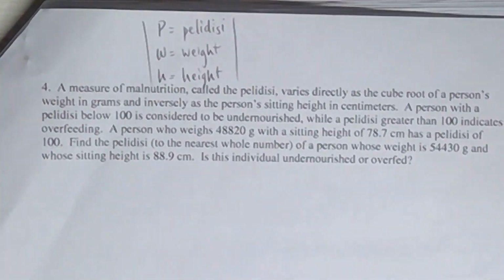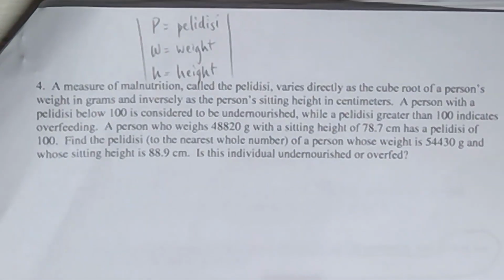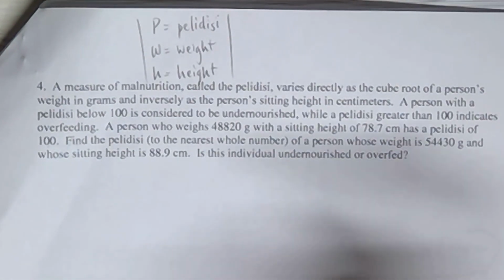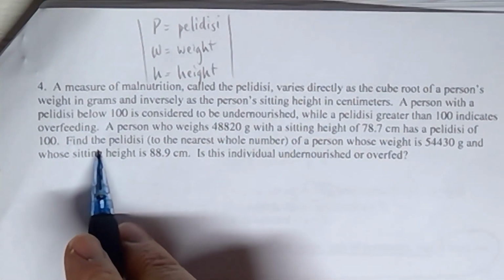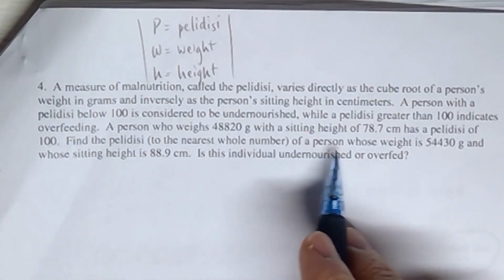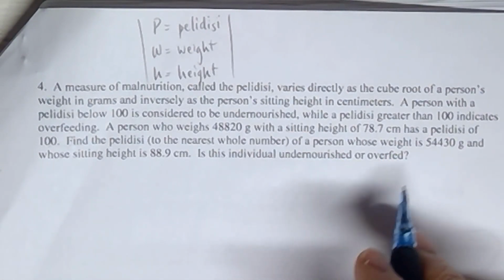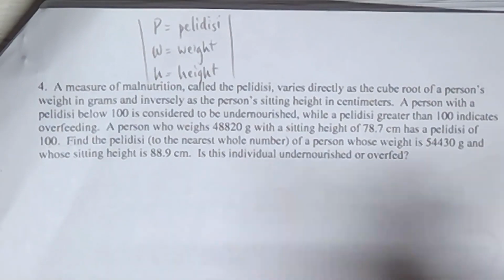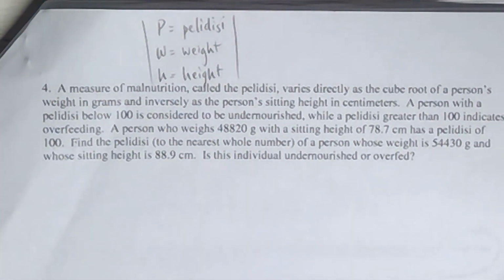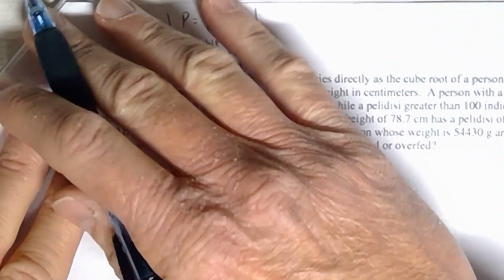If you're over 100, that's too much. If you're under 100, that's not enough nutrition. Find the pelodicee to the nearest whole number of a person whose weight is 54,430 and whose sitting height is 88.9. And then we'll answer this last question based off of that.